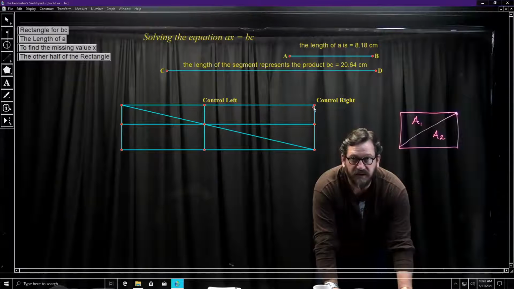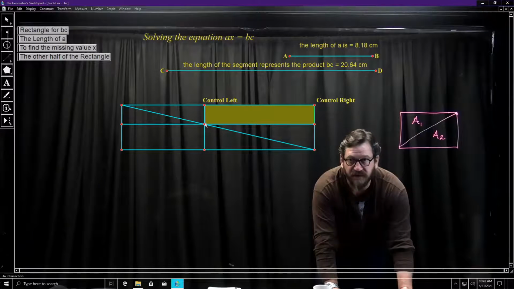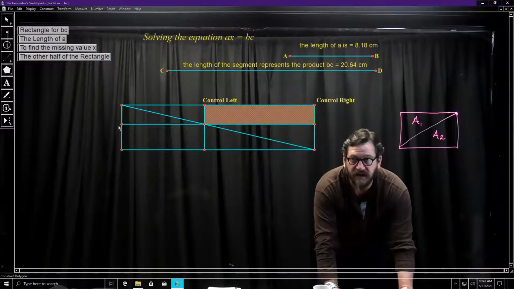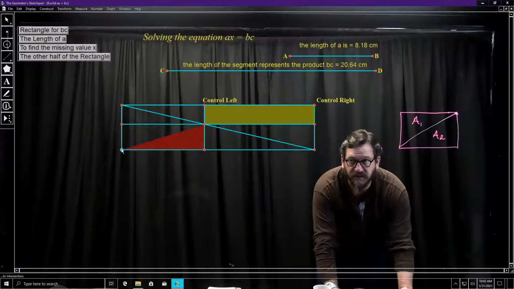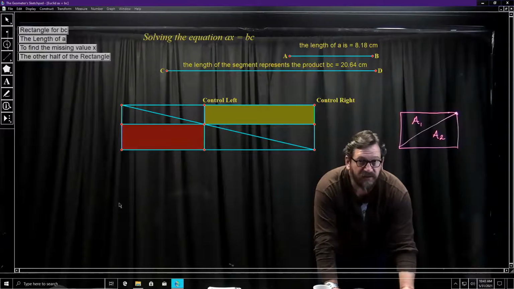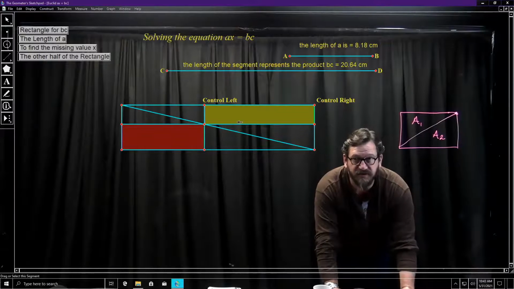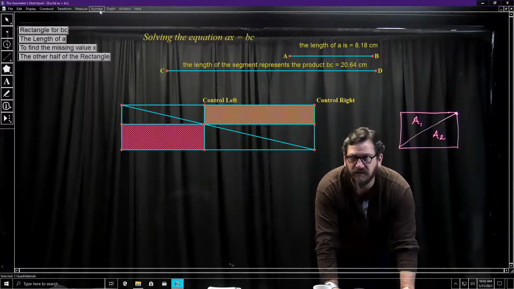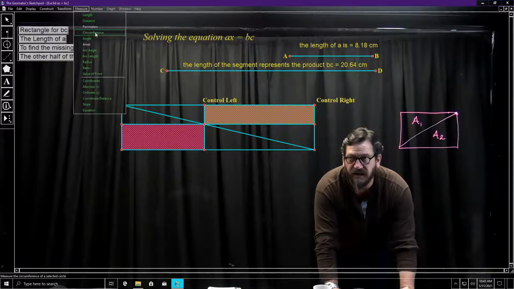I can put into this problem the inside of this rectangle, which we have said is the product of B and C. And I'm going to put in this rectangle down here, which I'm claiming is A times B. And now let's watch what happens when I measure these two areas. So I'm going to grab both of them, and I am going to measure areas.